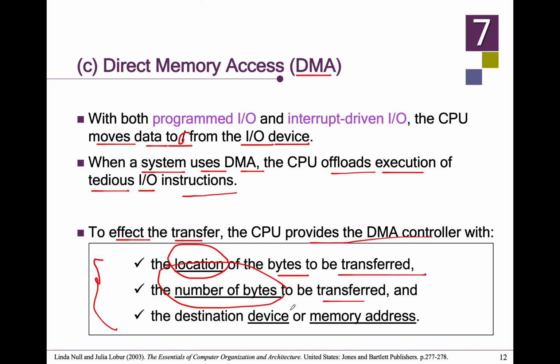And lastly, the destination device or a memory address. So only these three things the CPU will provide to the DMA controller if you are using direct memory access.